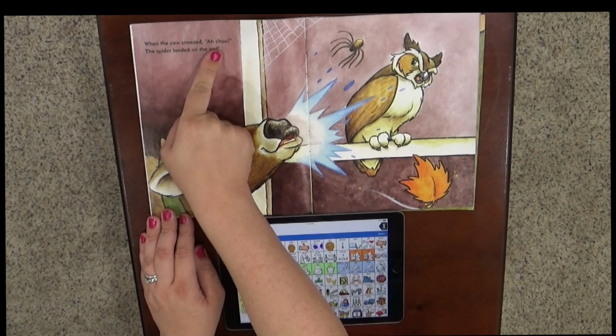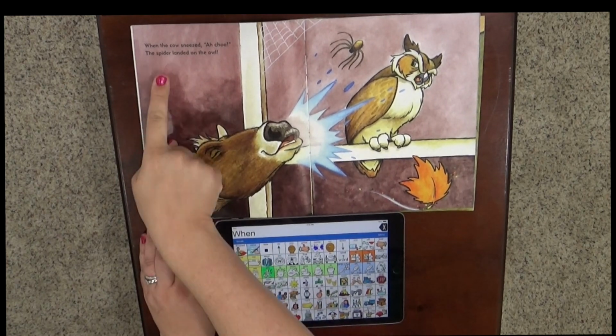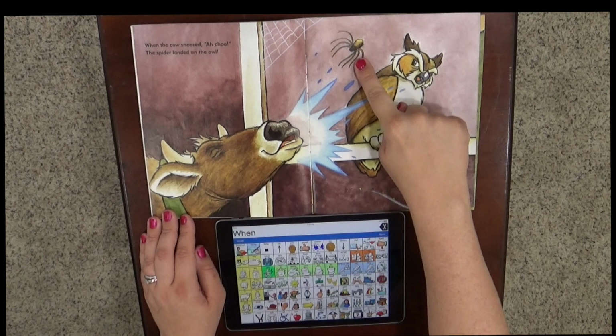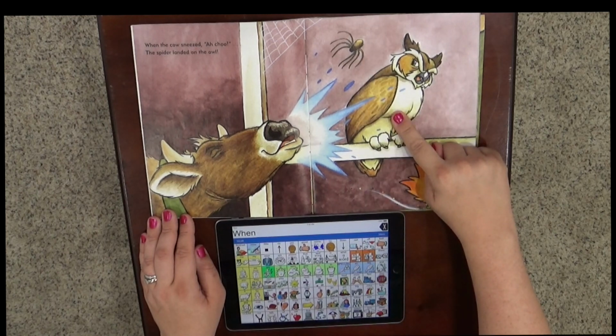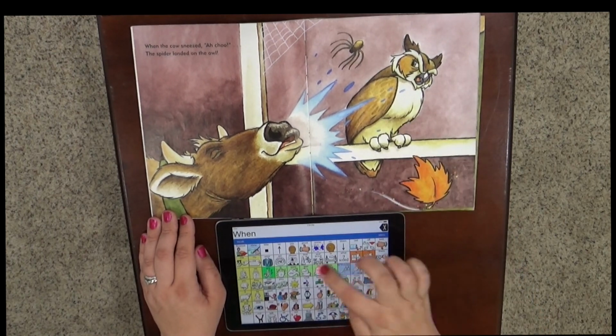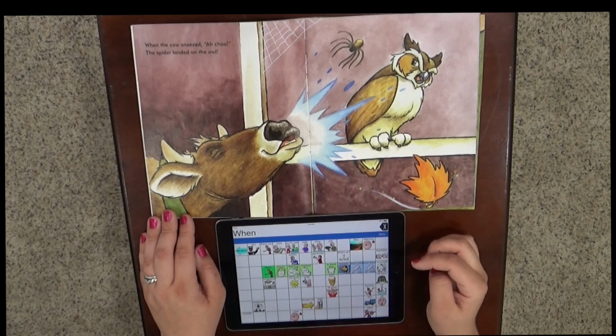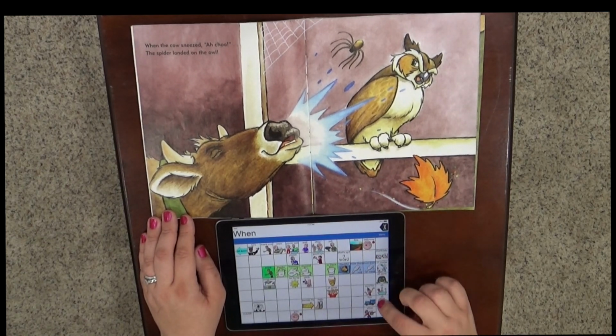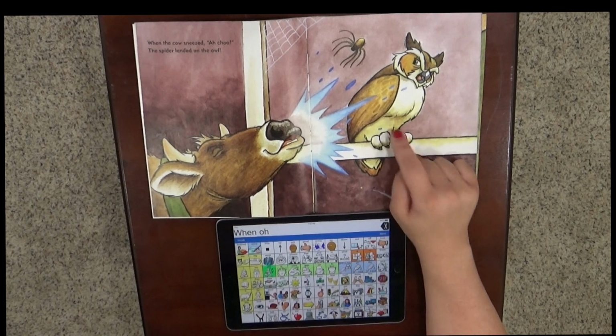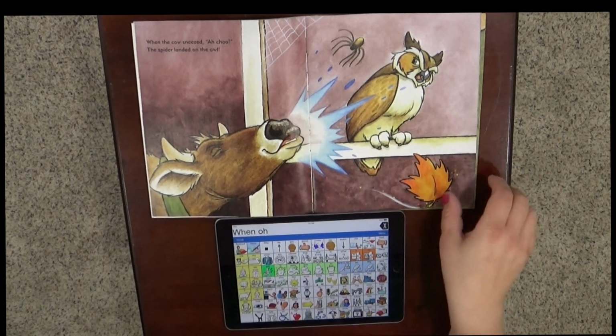When the cow sneezed, achoo, the spider landed on the owl. Oh no. I wonder what's going to happen now.